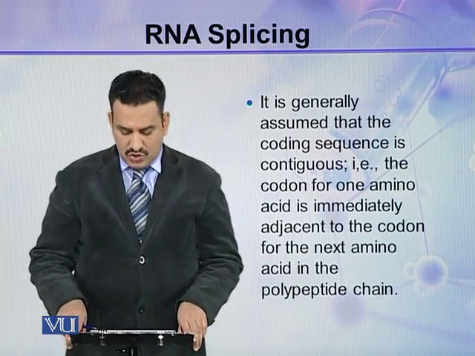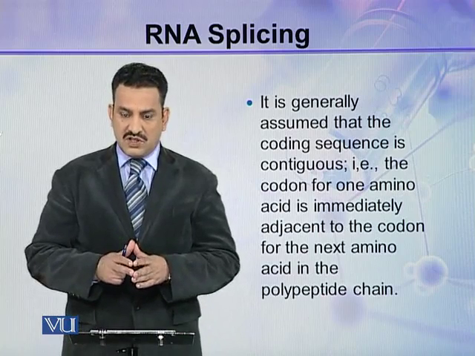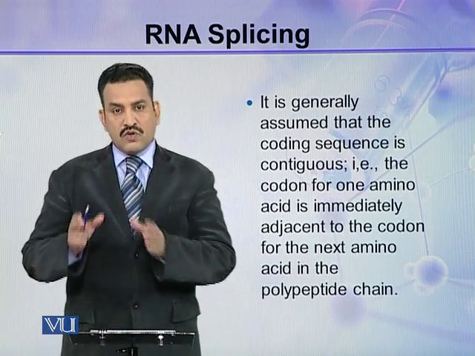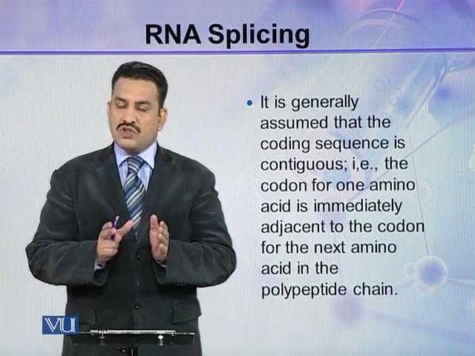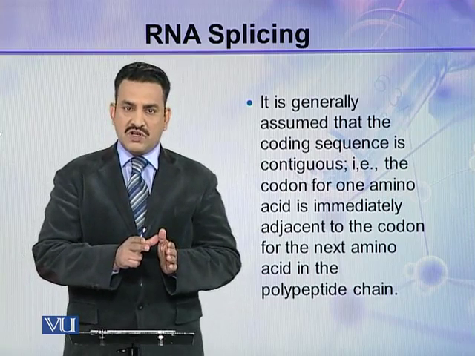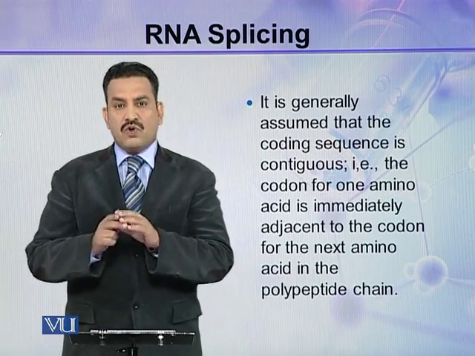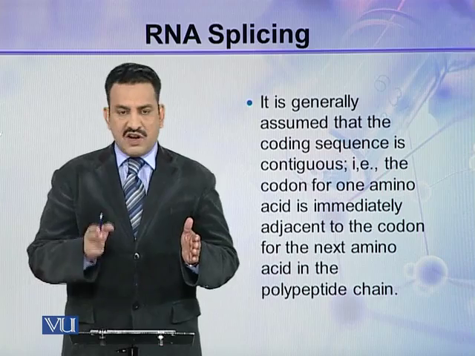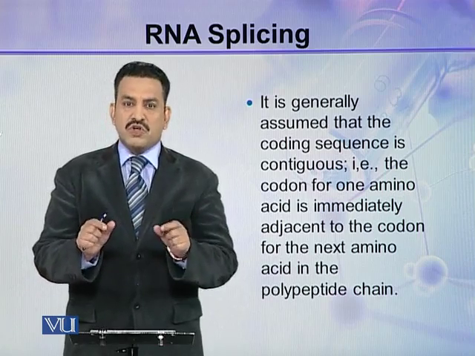It is generally assumed that the coding sequence is contiguous. That is, the codon for one amino acid is immediately adjacent to the codon for the next amino acid, and in this way the codons of all the amino acids are adjacent to each other without any space in between.